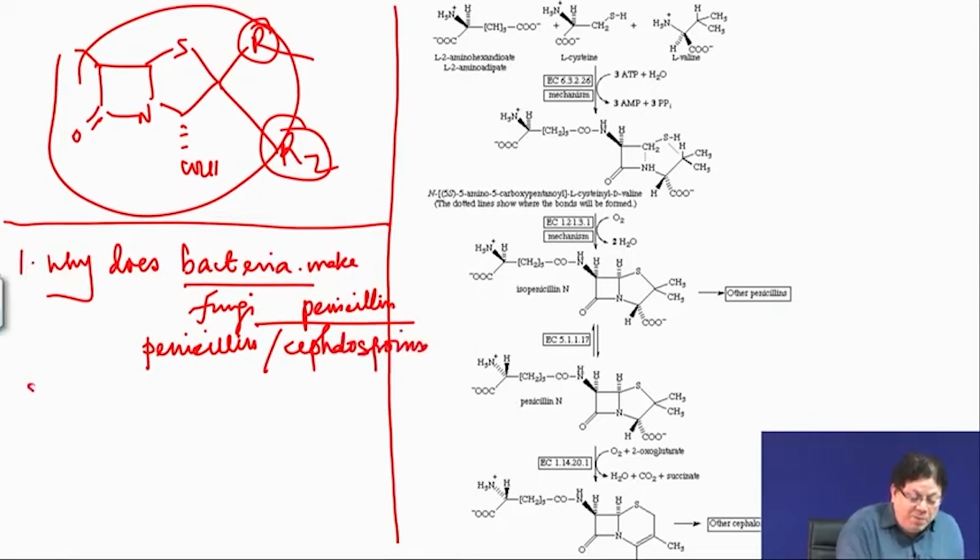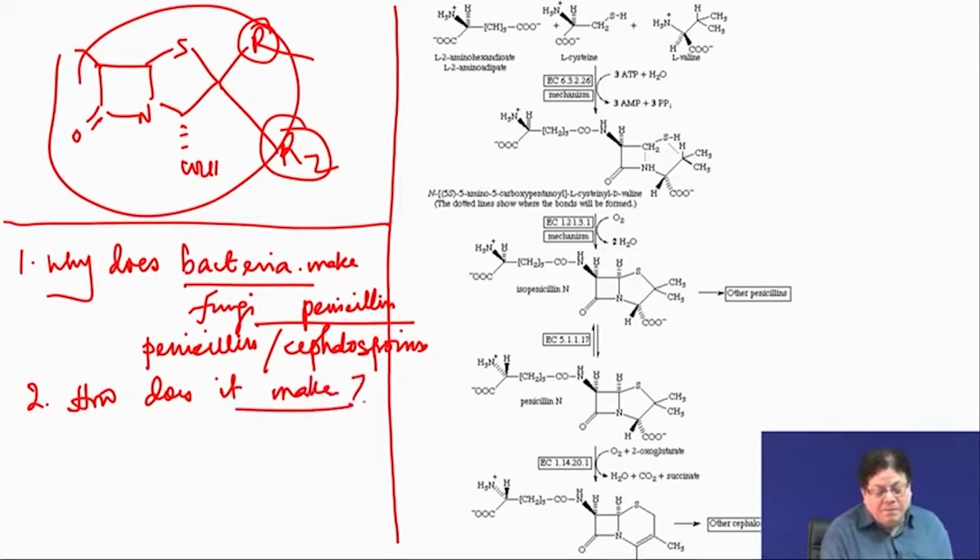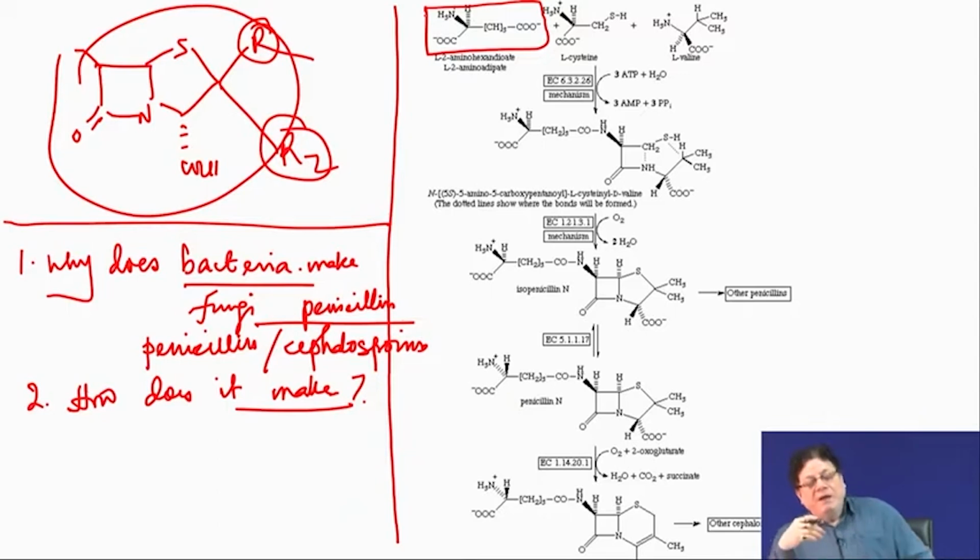That is number one. Number two is, how does it make the penicillin? What are the starting points? What are the building blocks? That is shown here. I told you when penicillin was introduced that it is made by a very simple sequence of steps.